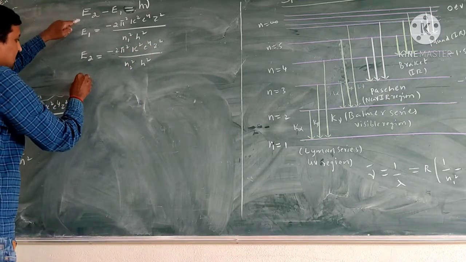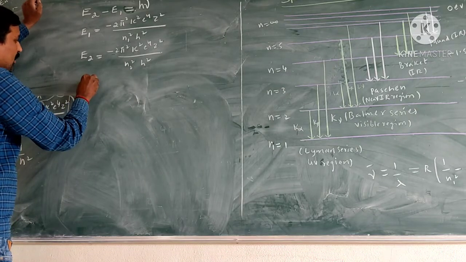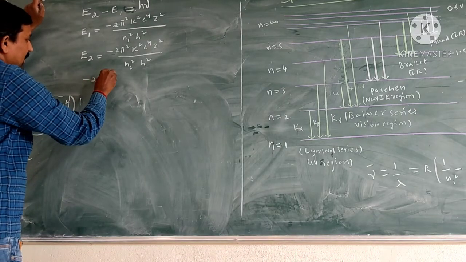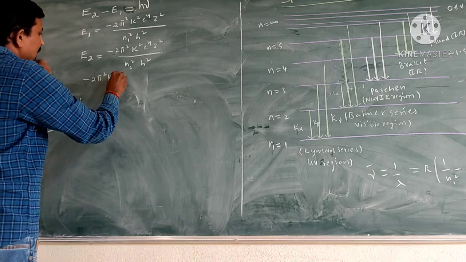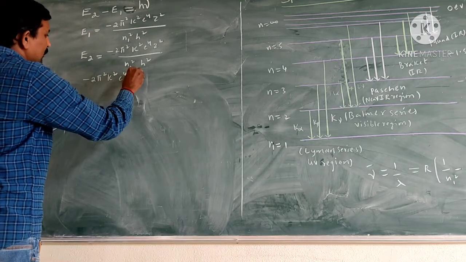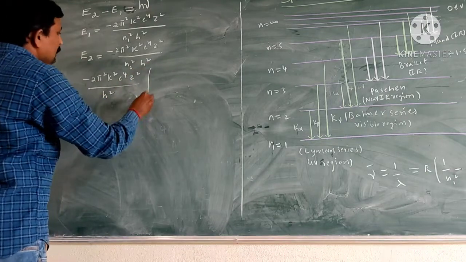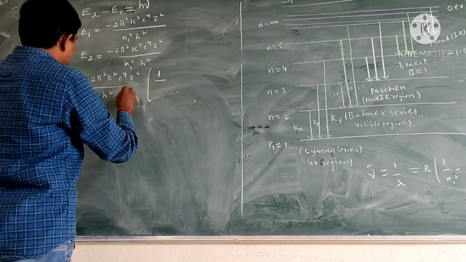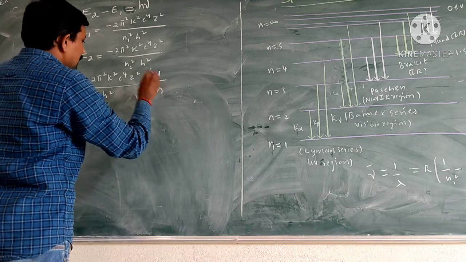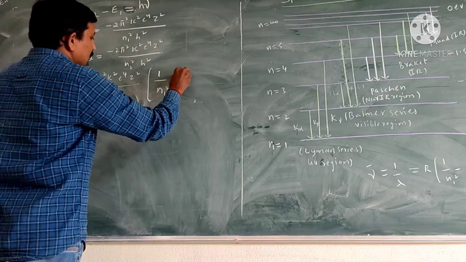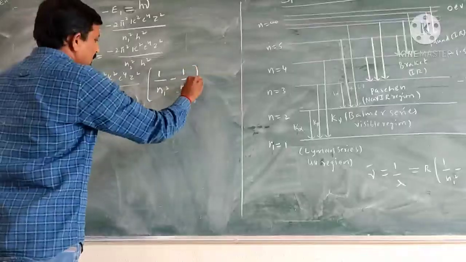According to this, E2 minus E1 is equal to 2 pi square k square e power 4 z square by h square, taken common in both terms, into 1 by n1 square minus 1 by n2 square.